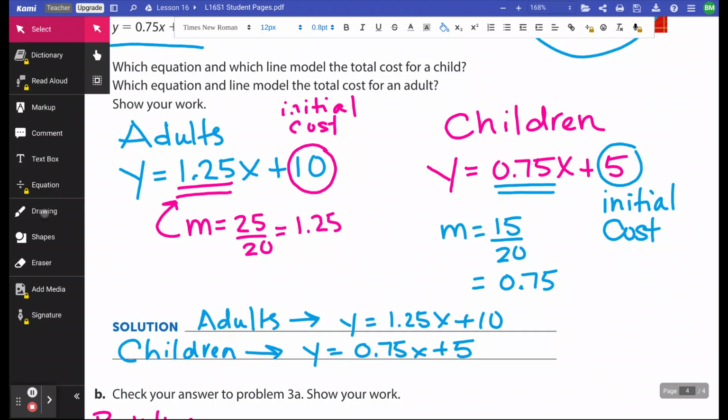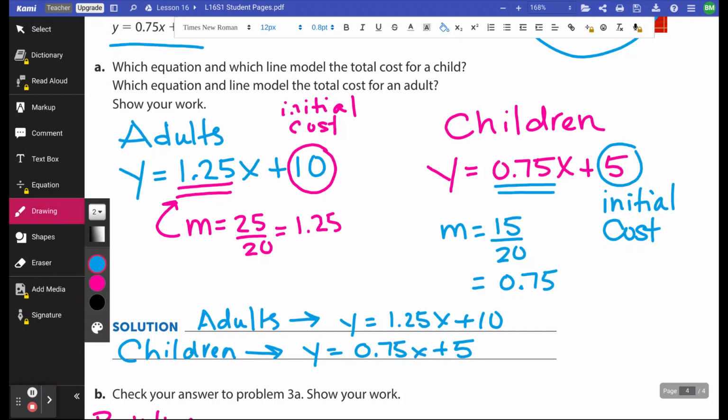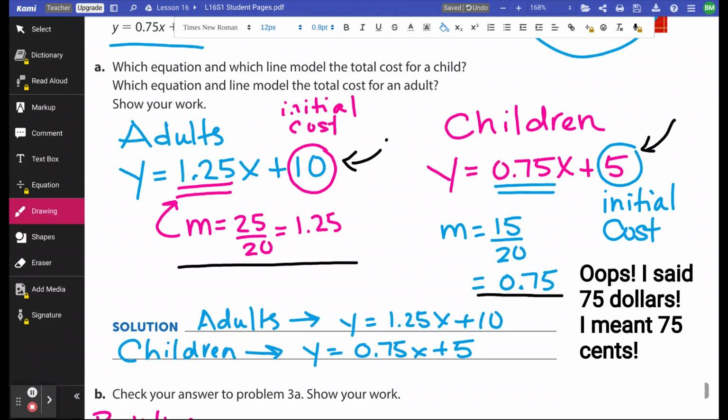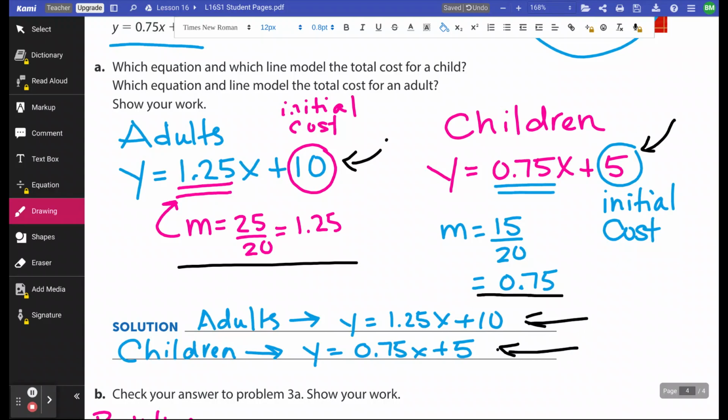So we're looking for an initial cost for the adult tickets of $10. That's the admission fee, the entrance fee. And then for each ride, we're looking at a rate of change of $1.25 for adults. So for each additional ride, you add $1.25 to your cost. And similarly for children, our entrance fee is $5 and it's $0.75 for every additional ride. So this is our adult equation and this is our child equation for total cost.